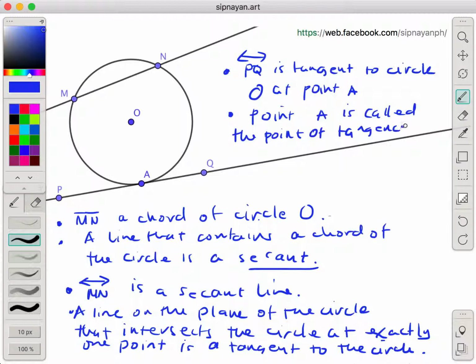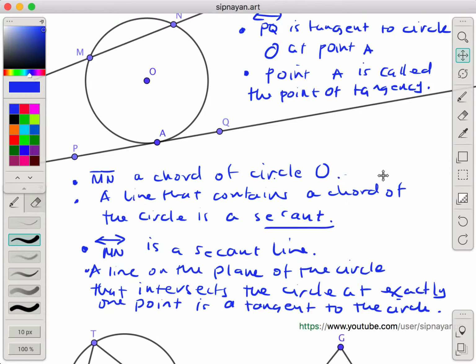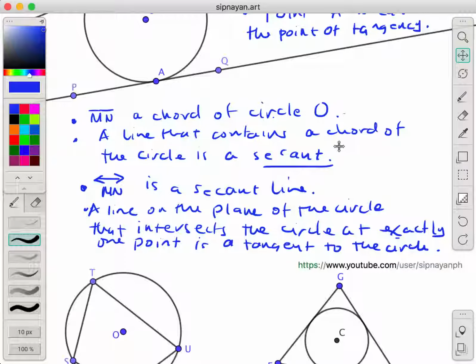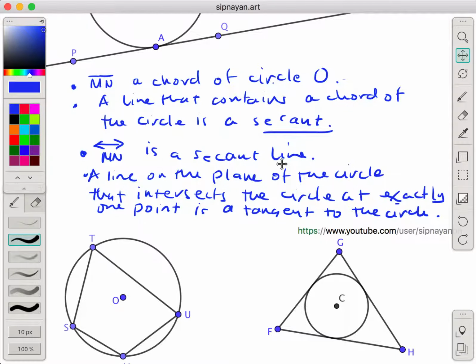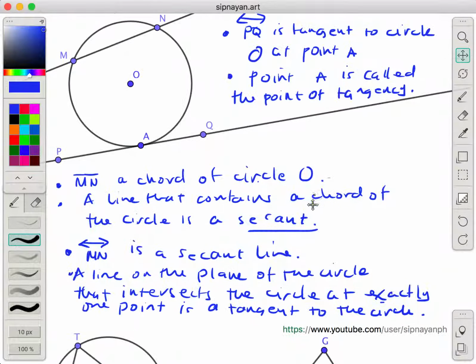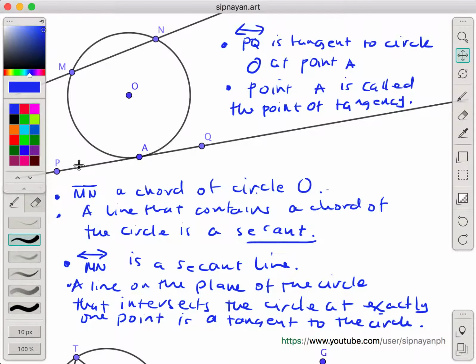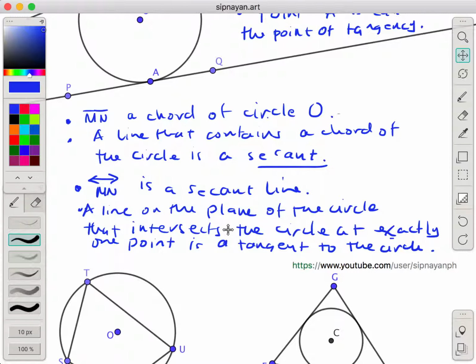Okay, I think we're okay with the tangent. So PQ is a tangent line.